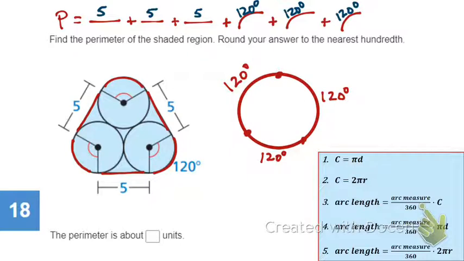So the way we're going to calculate that is, if this distance right here is 5, then this distance right here is also 5. And you can see 5 is from the center of one circle to the center of the other circle.